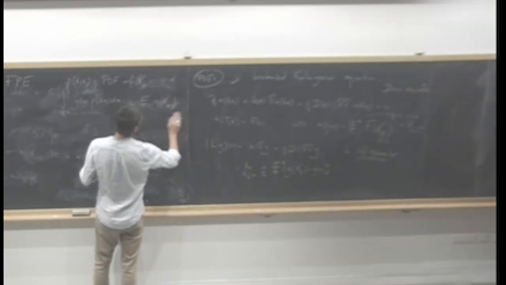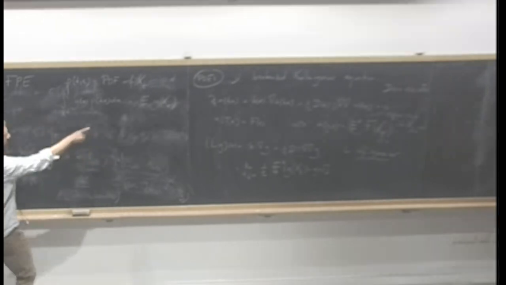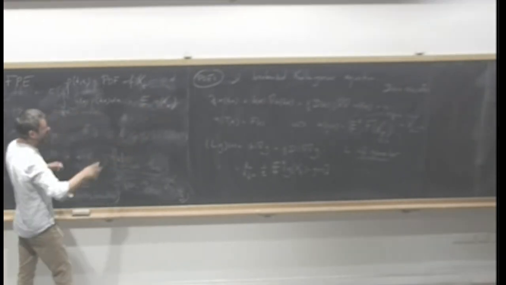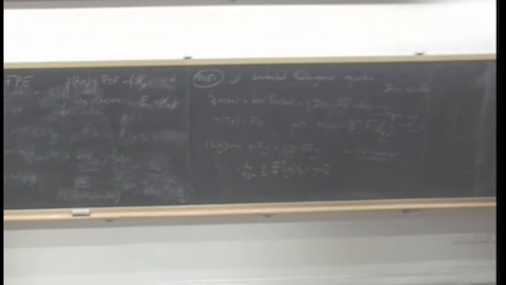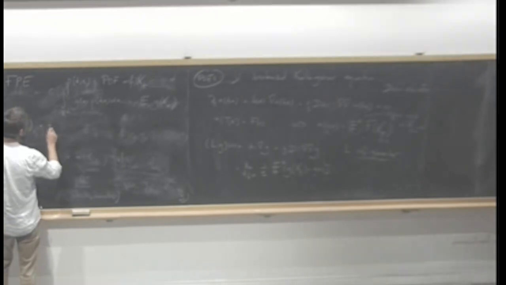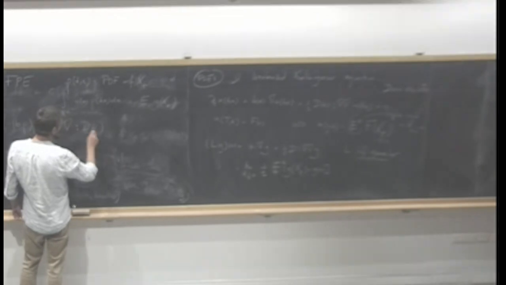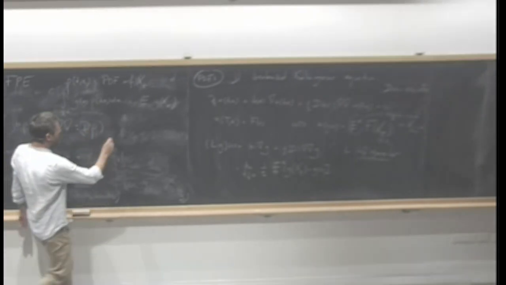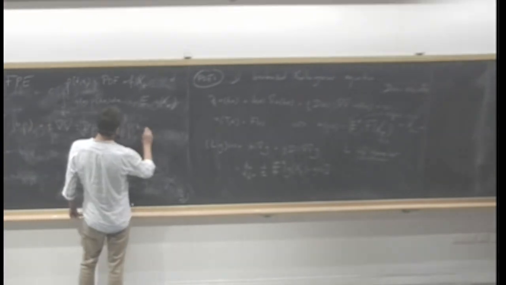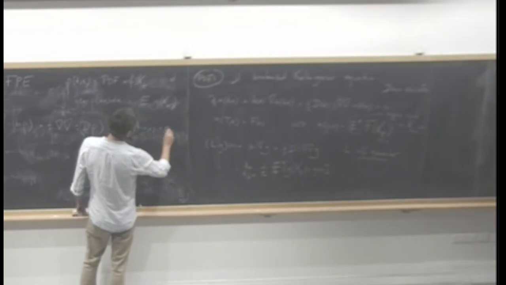It could be that in this case, xt has some initial randomness. And that guy satisfies this equation. Everything depends on time, so it's minus, with an initial condition, rho at time t equals 0 of x, which is whatever is rho of x.